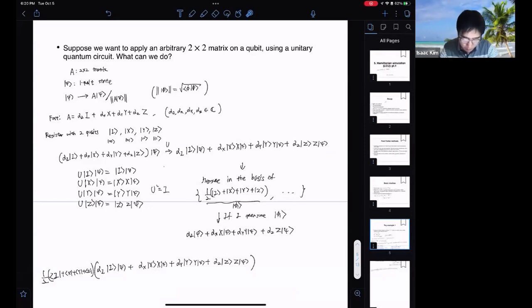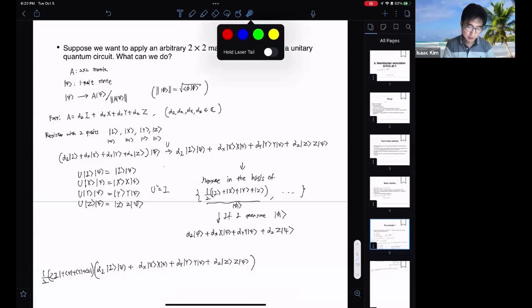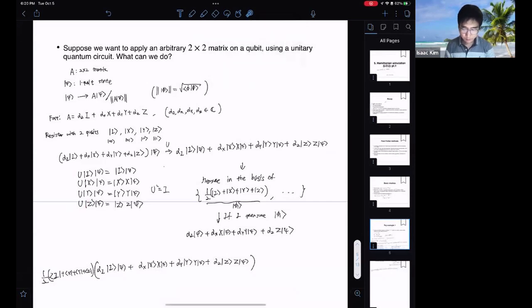So what we can learn from this example is that at least for an arbitrary 2x2 matrix on a qubit, we can apply that matrix by applying some very specially designed unitary U, and then measuring this extra register. And I should also mention that this process is probabilistic, so this will not always work in general, but this is something that you should have expected because it's a non-unitary process.